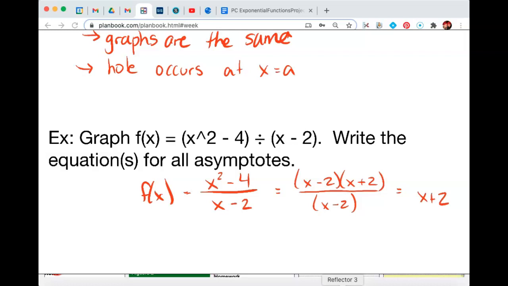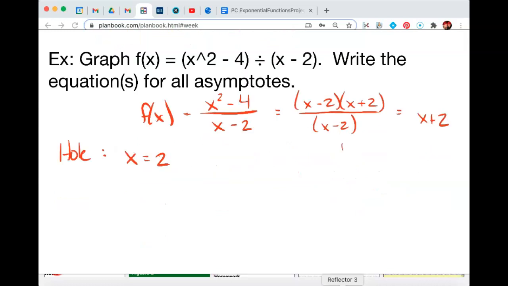So what does the graph of f of x equals x plus 2 look like? A line. So basically, we're just graphing a line. We're going to have a hole at what point, though? Yeah, positive 2. You take what we canceled out, x minus 2, set it equal to 0, and solve: x equals 2. So I'm just going to start graphing it.